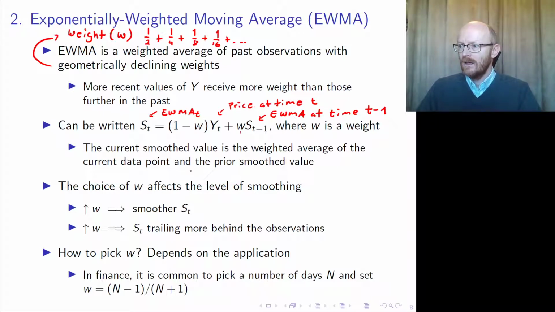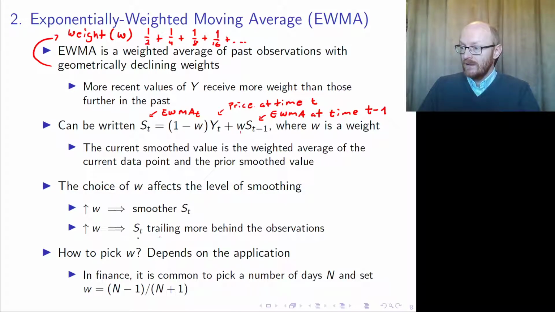Okay, and the choice of W affects the level of smoothing. So if W is higher, close to 1, then more weight is put on the prior smooth value, and not so much weight is put on the current price signal.